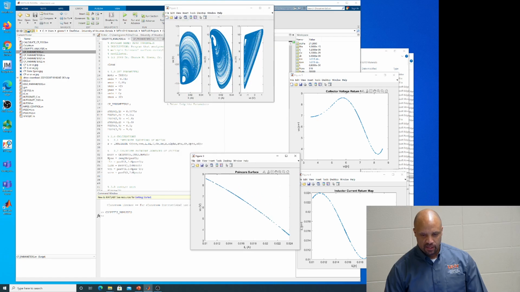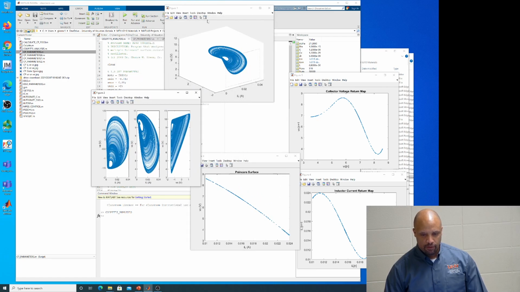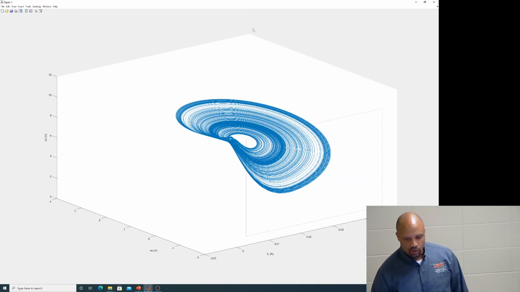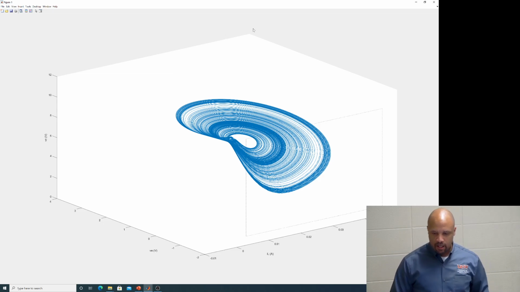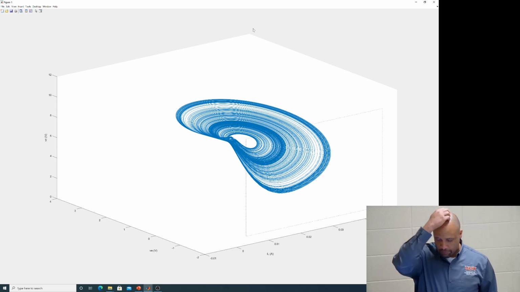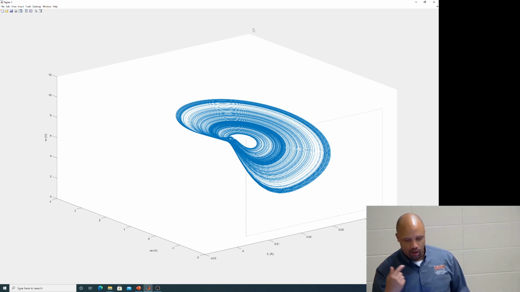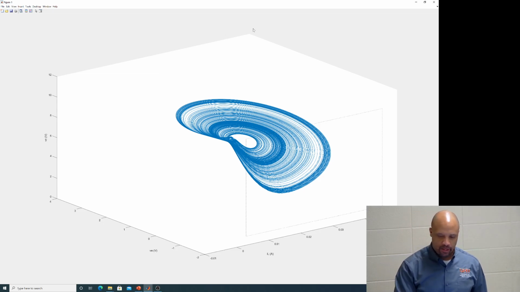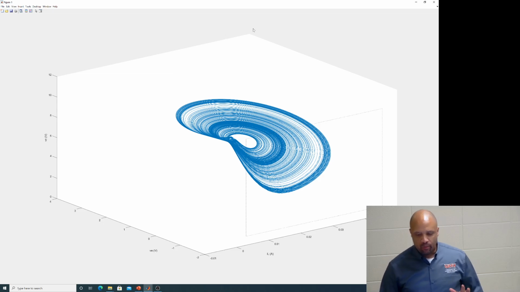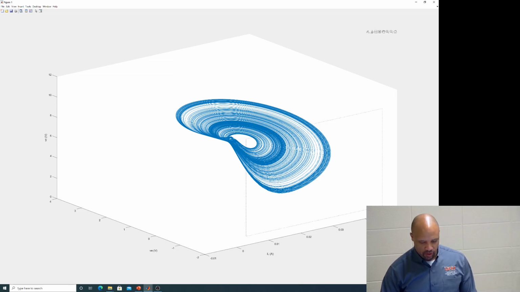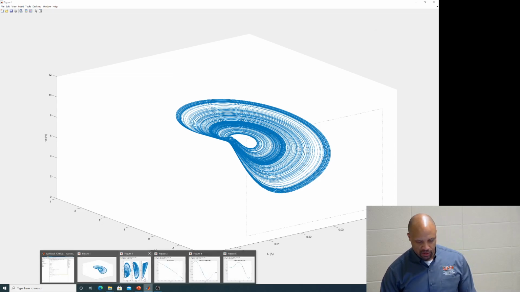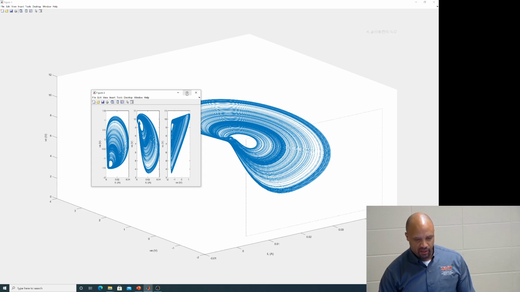Let's get to this stuff. Now, first of all, I'm going to make this bigger. All right, so here is the flow, the integration of this flow. It's pretty nice and well defined, and it's whirling around in a direction. And what we did was, first of all, let's pull up the plots that show each projection. All right.